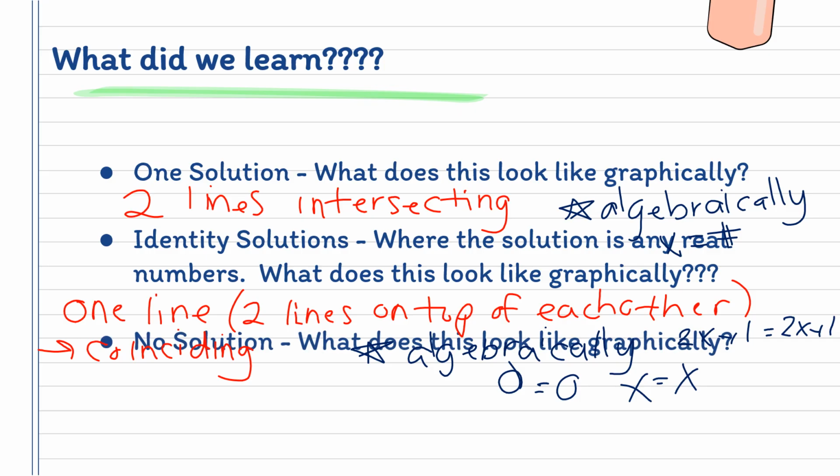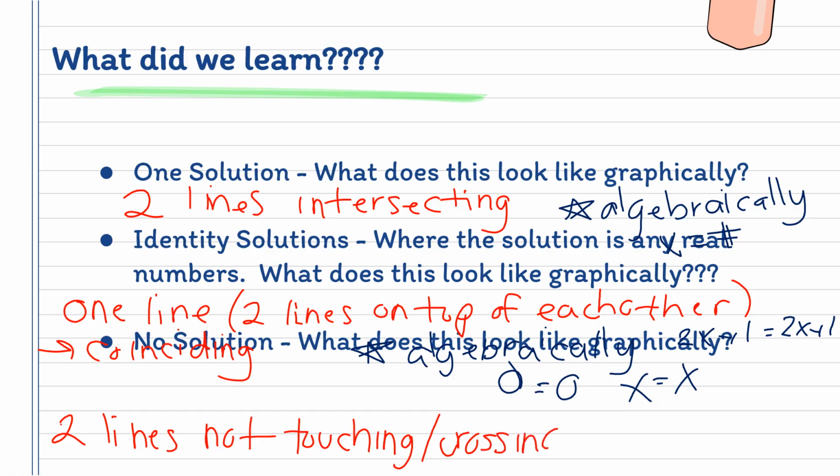And then the last one, no solution. What does this look like graphically? I'm running out of room here. We are going to say that is two lines not touching or crossing. And my little note, algebraically, we're going to wind up with something that is not true.